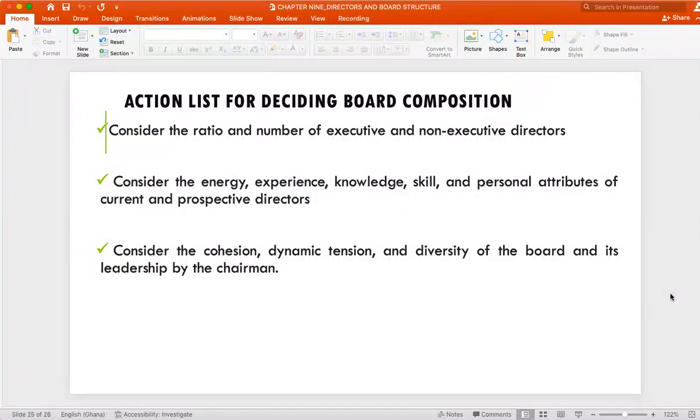Consider the cohesion, dynamic tension, and diversity of the board and its leadership by the chairman. All right. So you need the cohesion of a board, not a board that the chairman will be struggling to deal with because there is no form of unity. And unity doesn't mean agreeing to everything, right? There should be, how do you call it, a reasonable kind of interaction among members of the team.